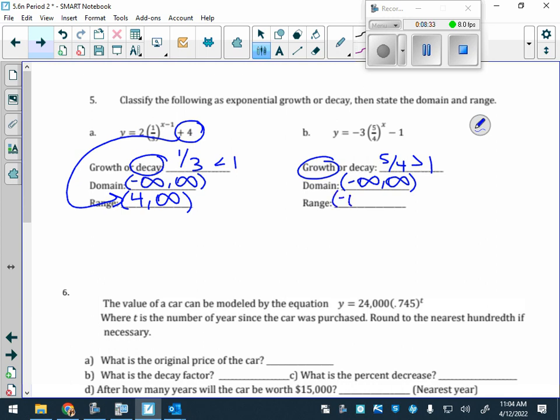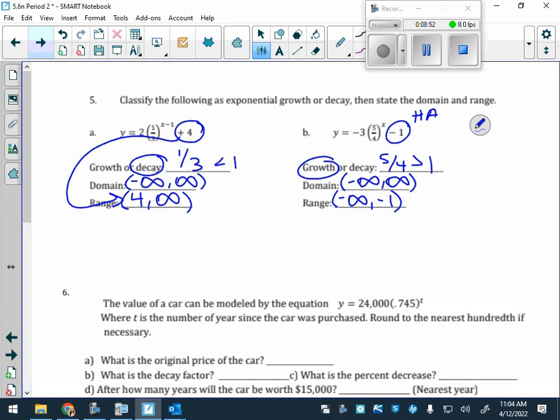Negative infinity to -1. Excellent. Okay. Horizontal asymptote is -1. Then there is a reflection. You got the same one again with the negative. So sorry about that. Negative infinity to -1 would be your range.